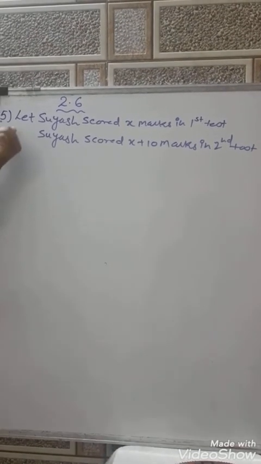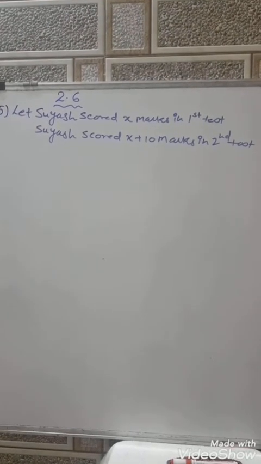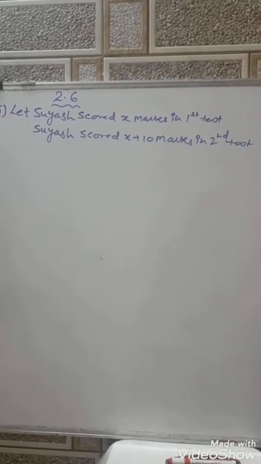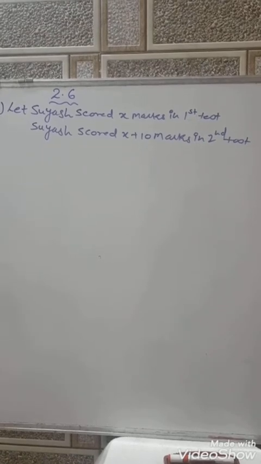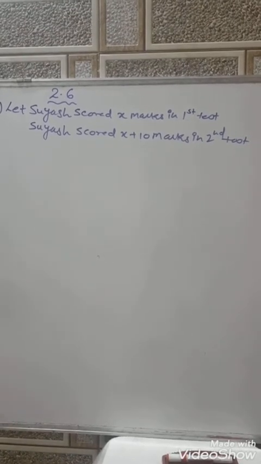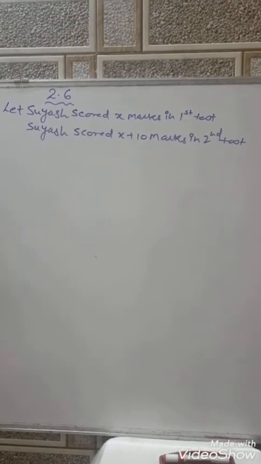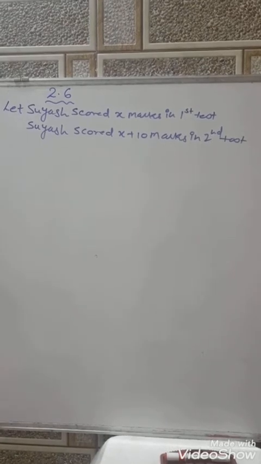Now fifth one. Let Suyash scored x marks in the first test and x plus 10 marks in the second test, because it is given Suyash scored 10 marks more in the second test than the first. 5 times the score of the second test is the same as the square of the score in the first test.